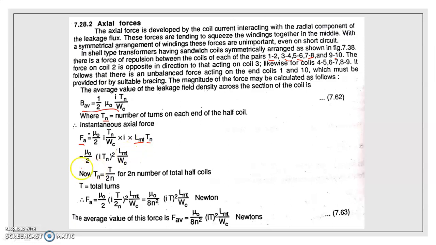By calculating the average, we get the average axial force, F_AV equal to mu 0 upon 8 into n square I into T bracket square LMT upon Wc, which is in Newtons.